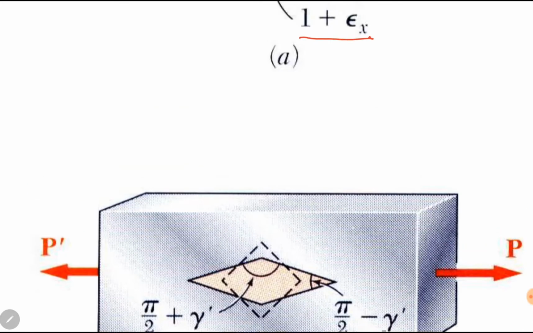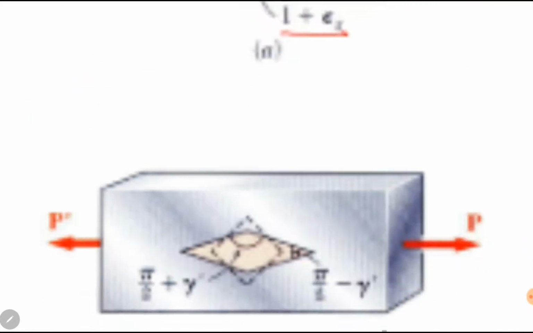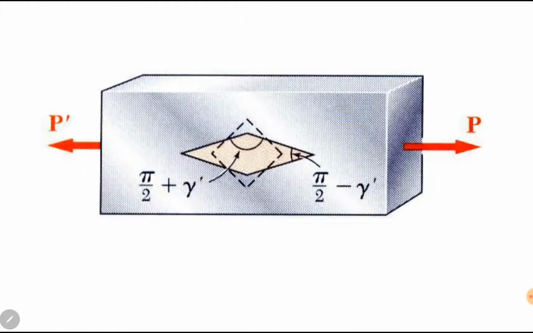In the previous case, the axial force resulted in normal strain. Now it has resulted in a shear strain, a change in angle. You can see that the angle has reduced at this edge and it has increased here by an amount of gamma. Initially it was pi by 2, now it is pi by 2 plus gamma and pi by 2 minus gamma.